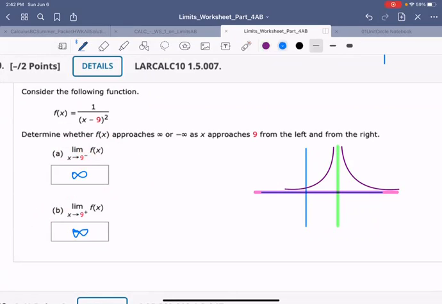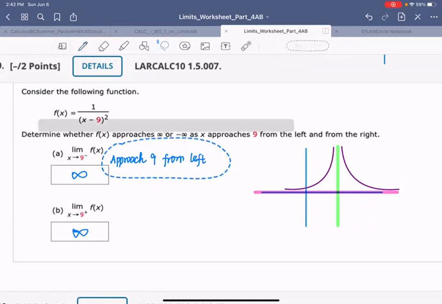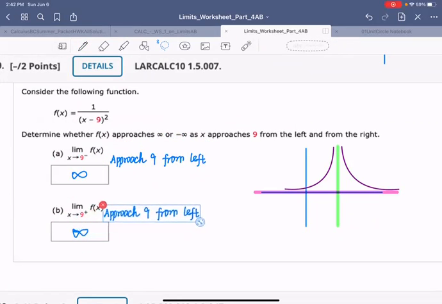Listen, this means approach 9 from the left. The other one means approach 9 from the right.